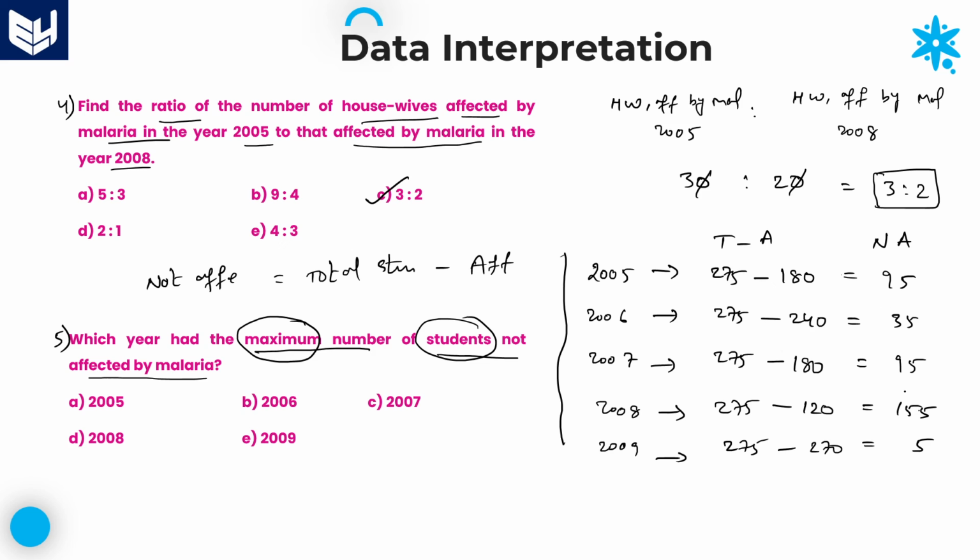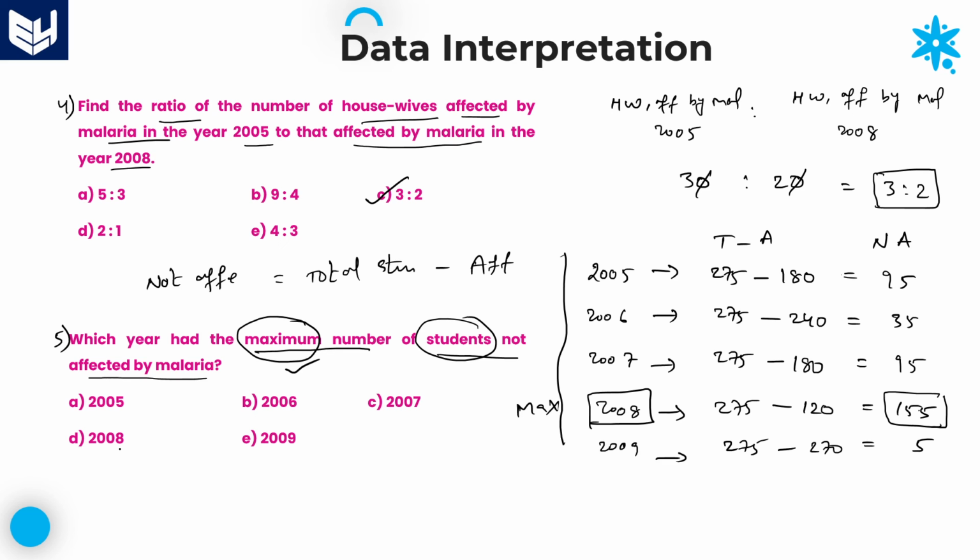Now among all these values, we need the maximum value. Maximum value is 155. The number of students who are not affected by malaria is maximum in the year 2008.